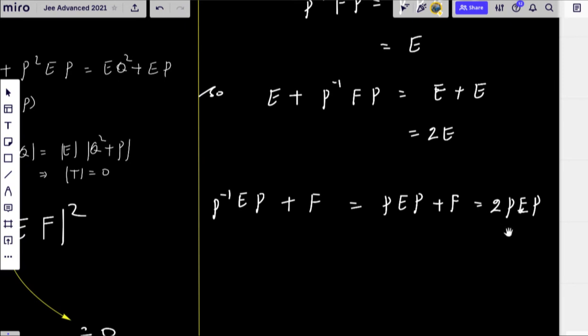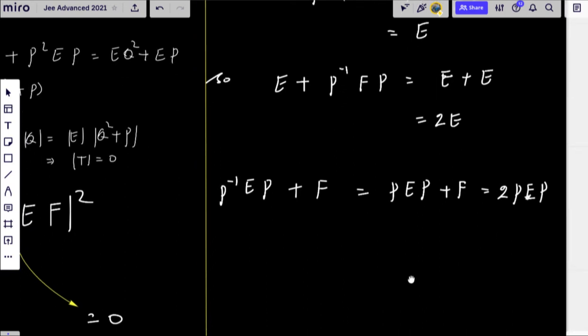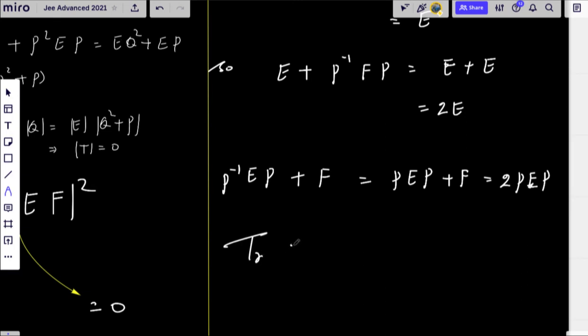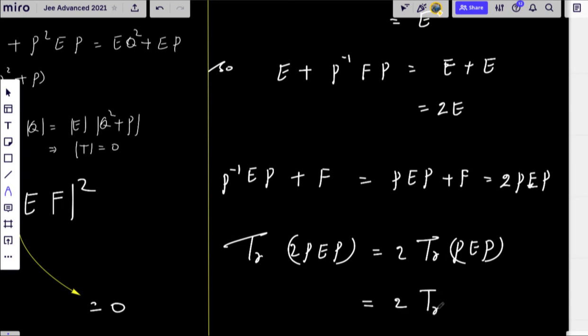So if 2 PEP, then what we can recall here is trace of 2 PEP, meaning sum of diagonal elements, that is called trace. So trace of 2 PEP is equal to 2 times trace of PEP, is equal to 2 times trace of EPP.